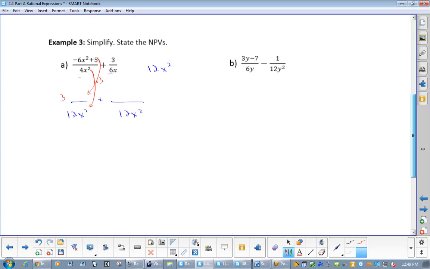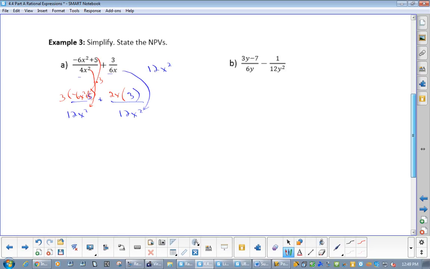So I will go 3 bracket negative 6x squared plus 5. Okay, I'm going to write that in blue. Now, what do I have to do to 6x to get 12x squared? 2x. So I'm going to put a 2x out front and just put the 3 there.